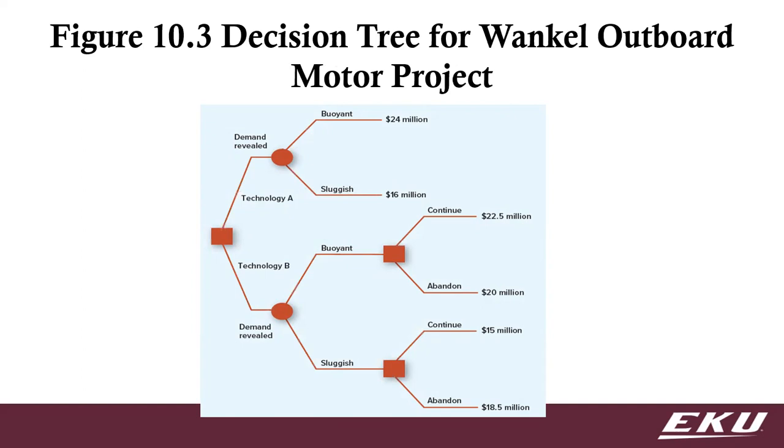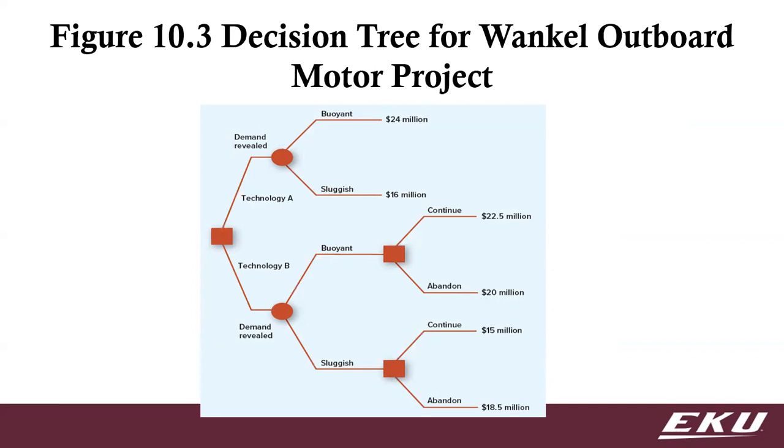If they were to go technology B and it's either buoyant or sluggish, then we have to decide, okay, are we going to continue or are we going to abandon? And then based upon that, they have different cash flows. And so we would be able to calculate the value of those options today.